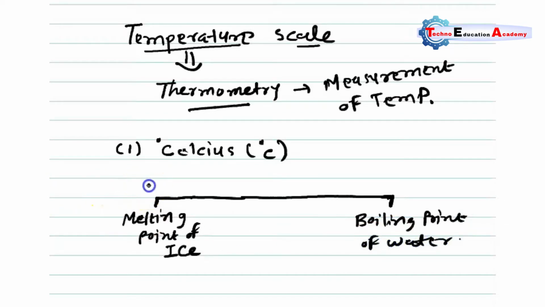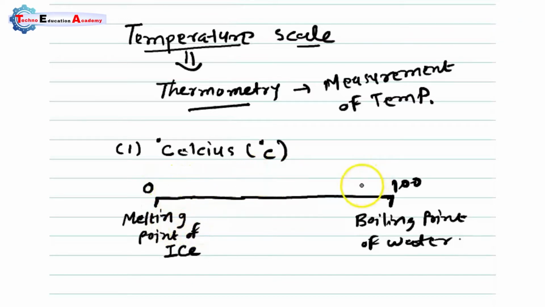As reference points, it is 0 and 100. So the melting point of ice is 0 degree Celsius, and the boiling point of water is 100 degree Celsius.